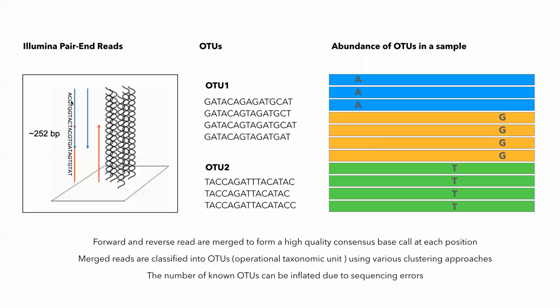And when they are combined, that gives us approximately 250 to 300 base pair long segments. And so these are longer reads, and we have multiple representatives of the same region because we have high coverage.